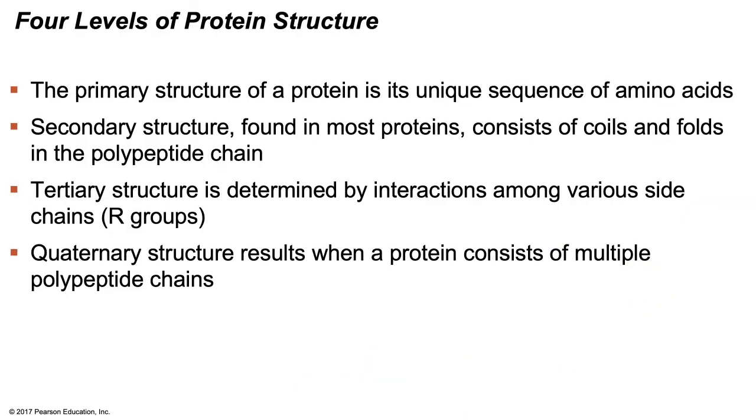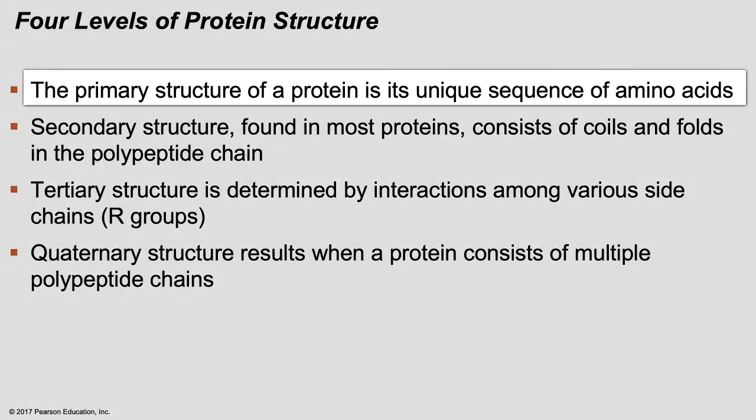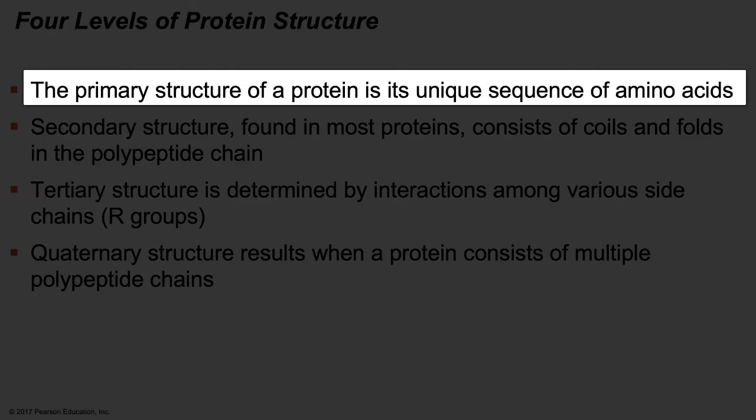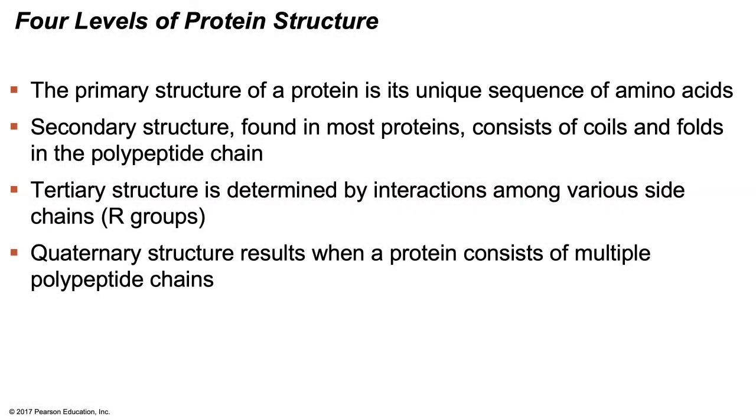There are 4 levels of protein structure that you need to know, and they're termed primary, secondary, tertiary, and quaternary structures. The primary structure of a protein is the unique sequence of amino acids, again held together by peptide bonds.